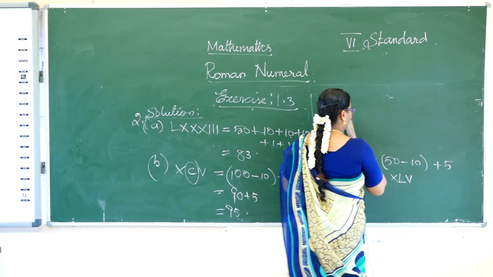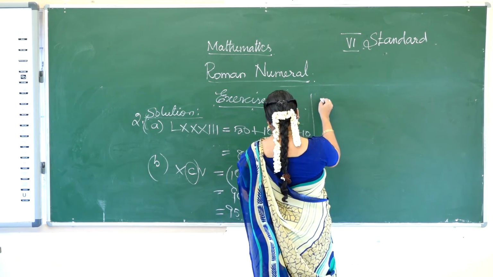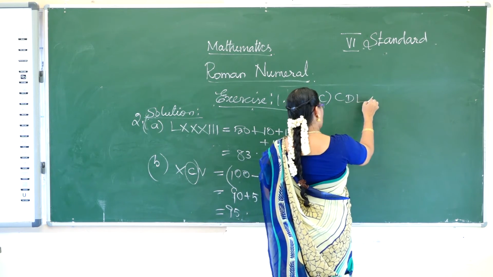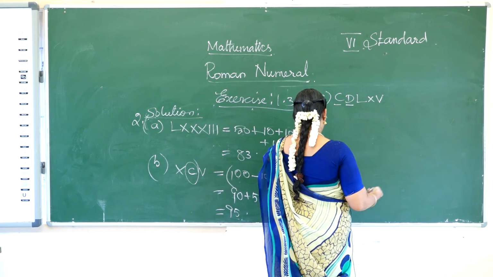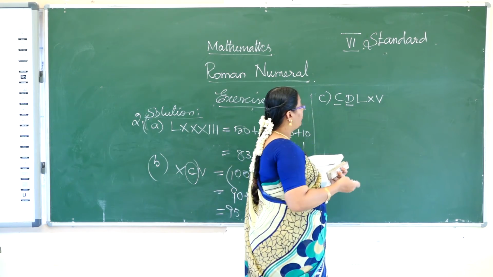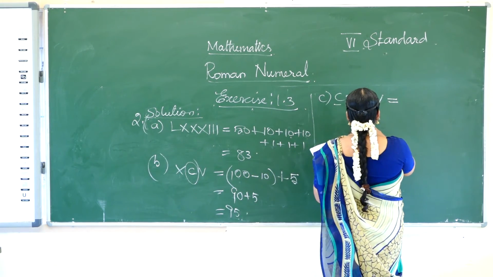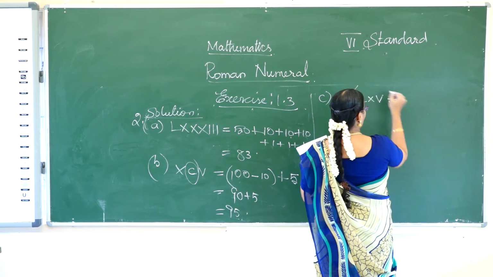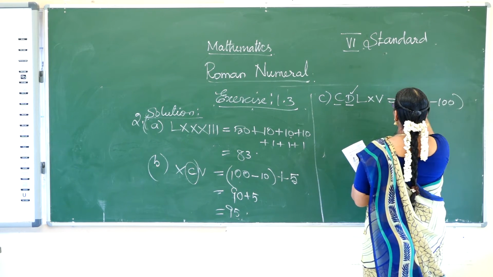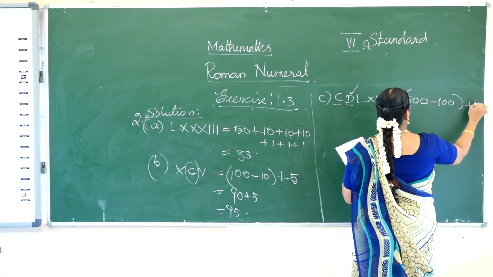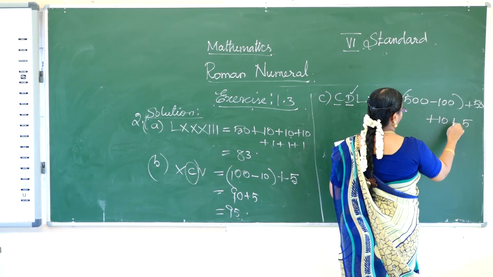And the next problem, C D L X V. C is centum, D is 500. Here the greatest value comes after the smallest value, so in this place we have to subtract. First value 500 minus 100, C value is 100, and the next is L, 50, plus X, 10, plus V, 5.